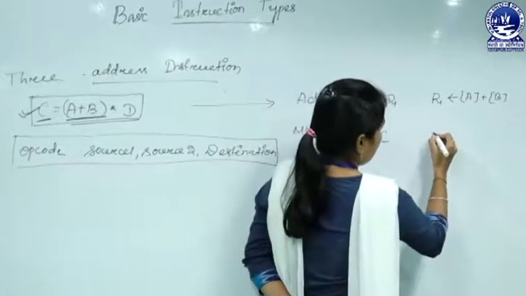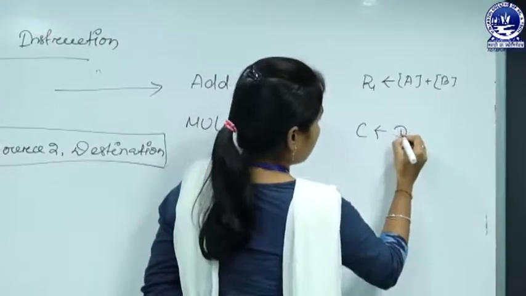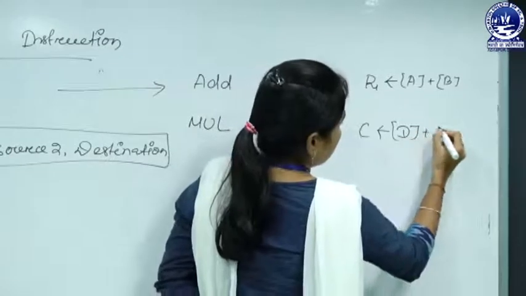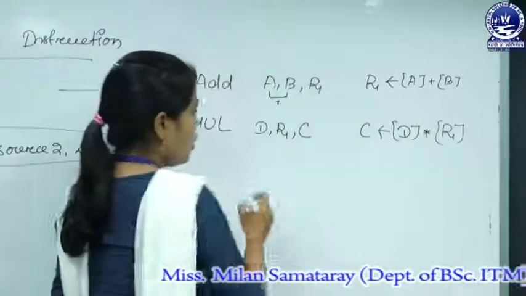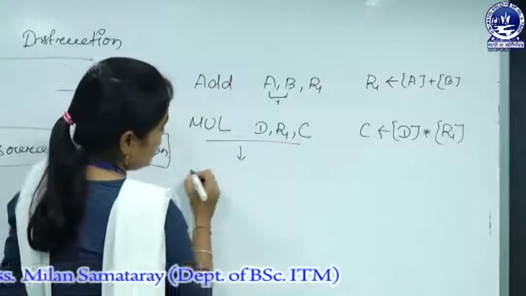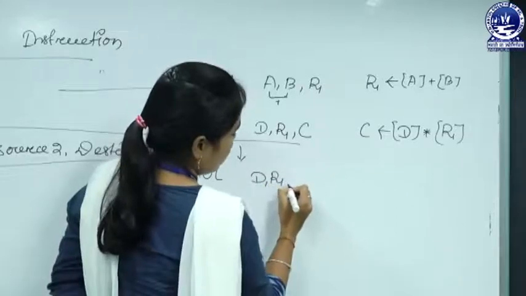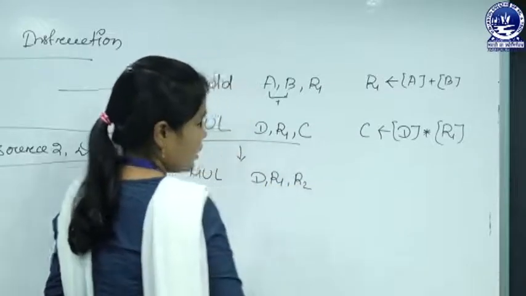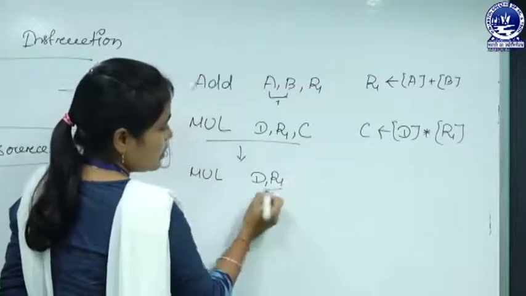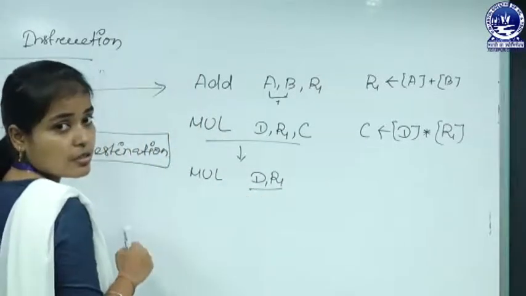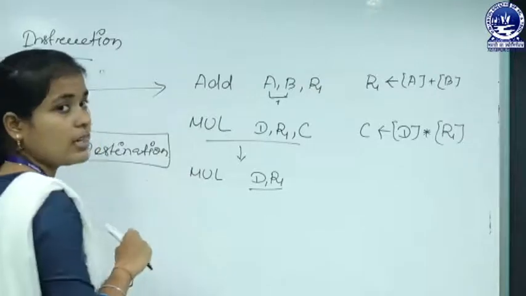That means now C contains the product of D and the content of R1. Or you can write it otherwise, multiply D with R1 and store in another register, that is R2. But that instruction is in 2 address format; we have to write all the instructions using the 3 address instruction format.